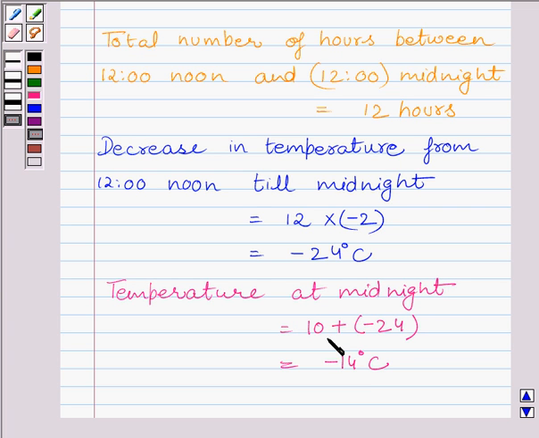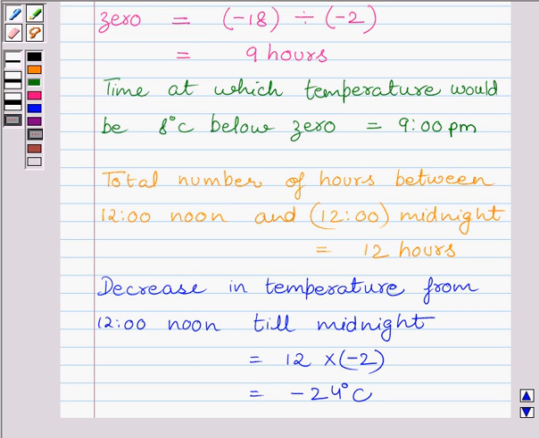Here 10 is the temperature at 12 noon and minus 24 is the variation in temperature produced from 12 noon till midnight. So we can find the temperature at midnight by adding the temperature at 12 noon with the variation produced in the temperature till midnight. Now we get 10 plus minus 24 is equal to minus 14 degrees Celsius.